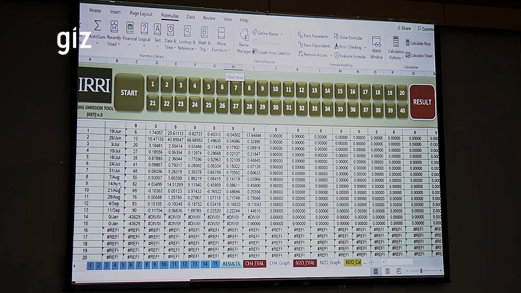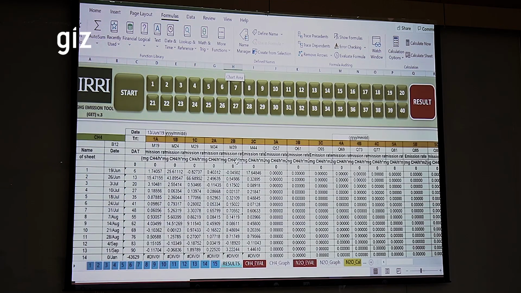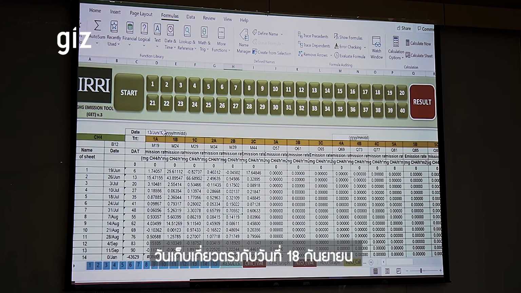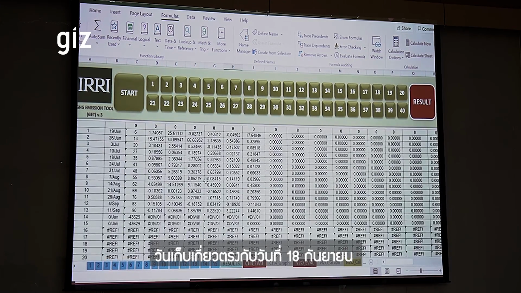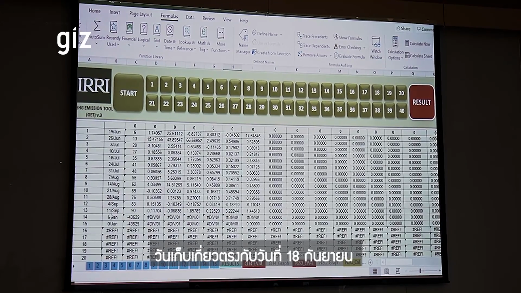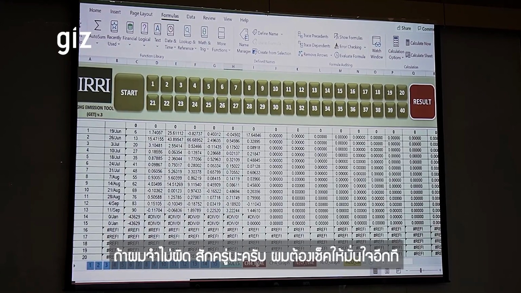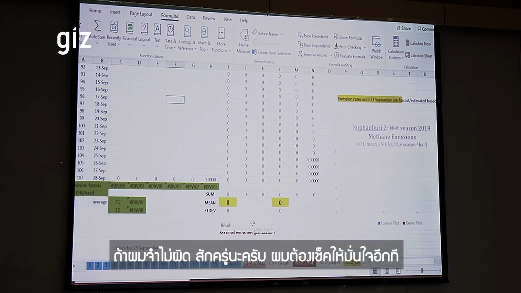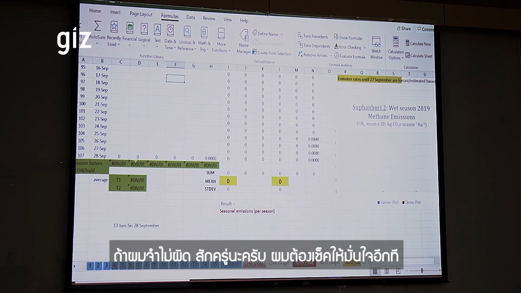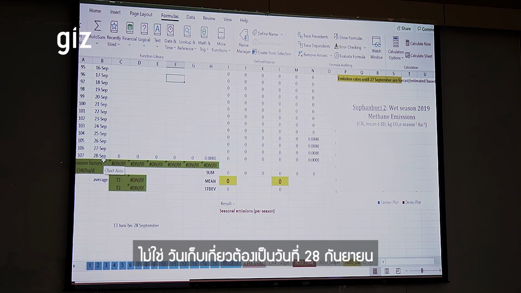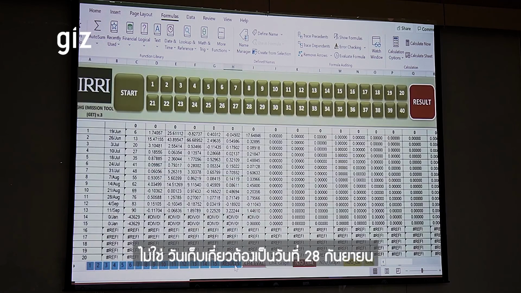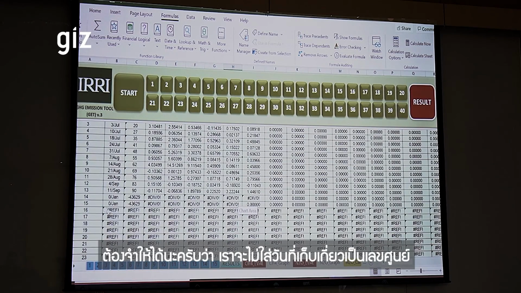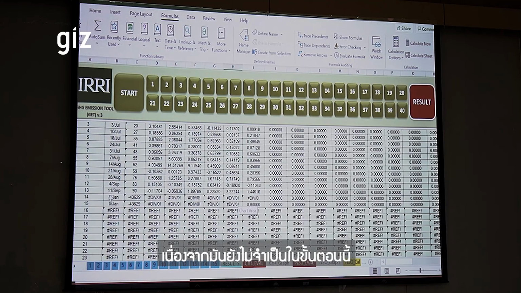And the harvest day is 18 September. If I'm not mistaken, just a moment, I must check that again. 28 September is the harvest day. So keep that in mind. We didn't put the harvest day in here as 0 because that's not necessary at this stage.